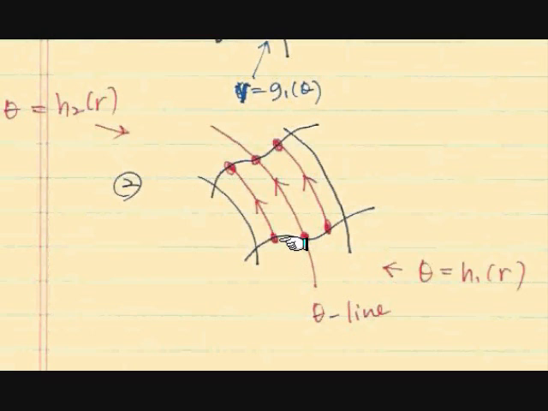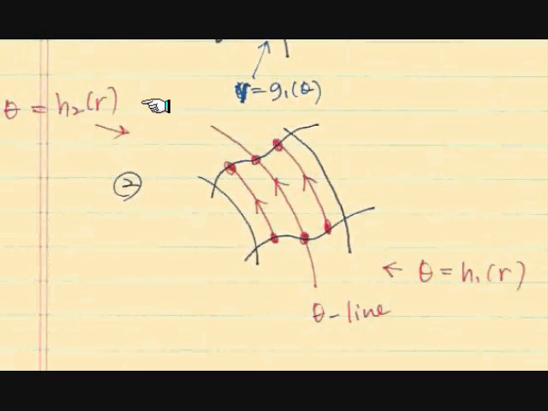So the theta value that we start with here is different from that one and so on. They depend on the choice of r. Along this arc, r is fixed. So the beginning theta value depends on your choice of r, and the terminal theta value also depends on the choice of r.